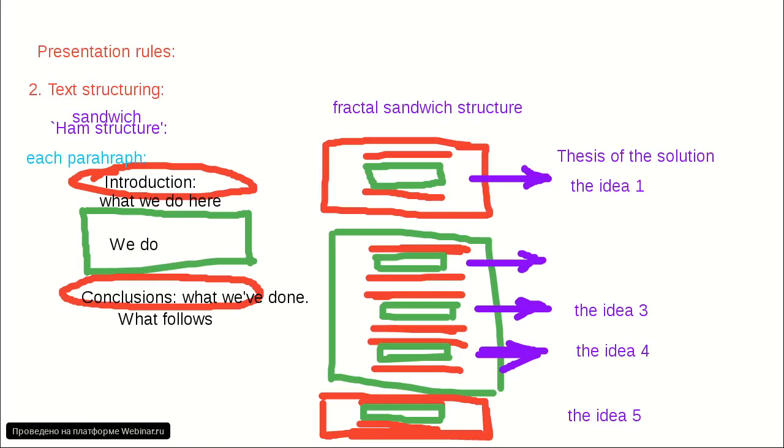That means that on the second level you might have several sandwiches as well, and you can name the chapters as well.